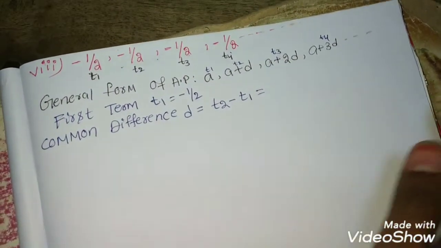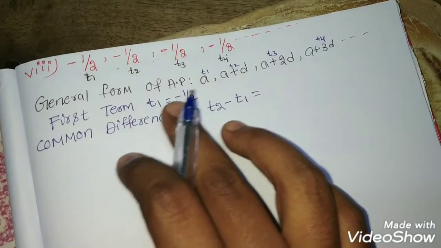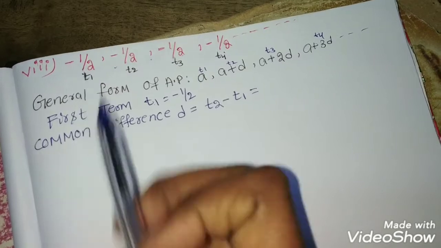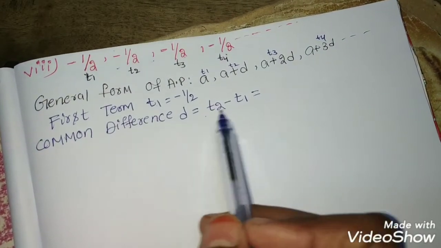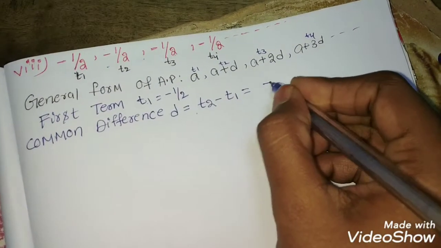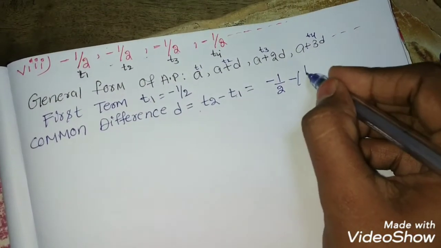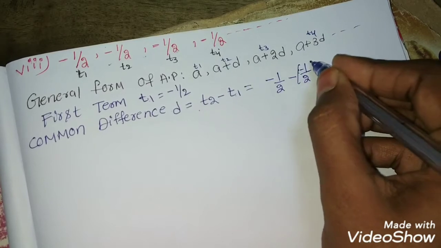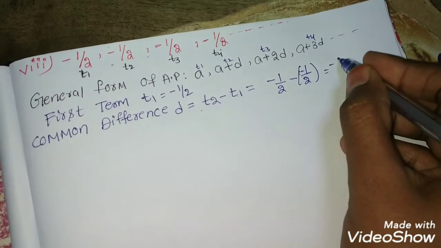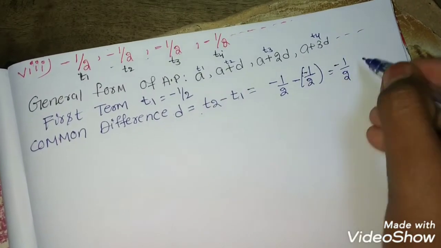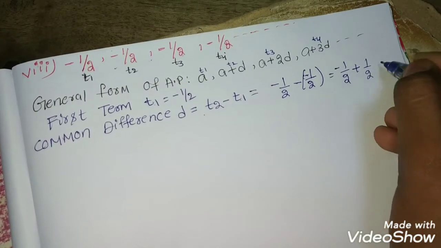Let's check. So the general form I written here. The first term T1 is minus 1 by 2. What is the common difference? D is equal to T2 minus T1. Minus 1 by 2 minus, what is T1? Minus 1 by 2. Minus into minus plus 1 by 2. So we get 0.